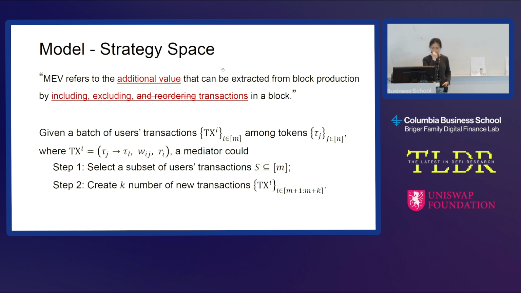Then the strategy space becomes: given a set of user transactions, you can, as a mediator, as the attacker, select a subset from them and insert some new attacking transactions, which forms a new batch, right? And this new batch will be delivered to the DEX, which will compute the outcome of this execution. And the outcome will determine your utility from this attack.